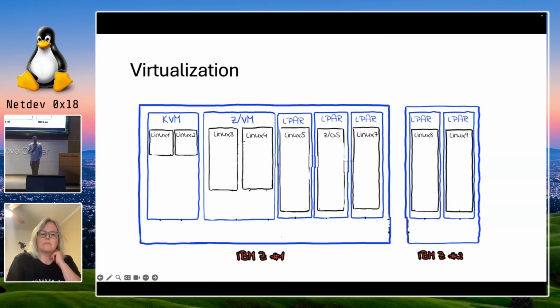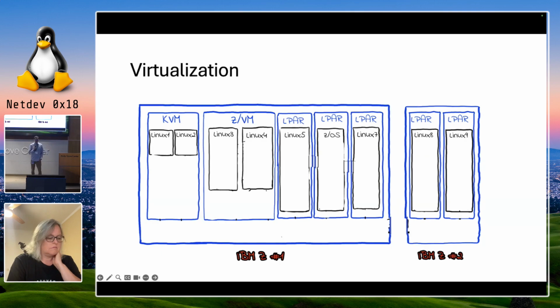Next slide. I've already talked about virtualization, like the minimum you can get. You see here on the right a box that has just LPARs, logical partitions. You see Linux 8 and Linux 9 running in these. You could have just two on one entire machine. On the left we have a bit more different flavors.